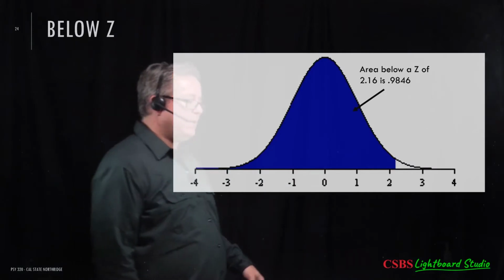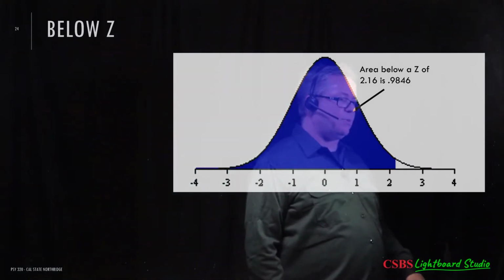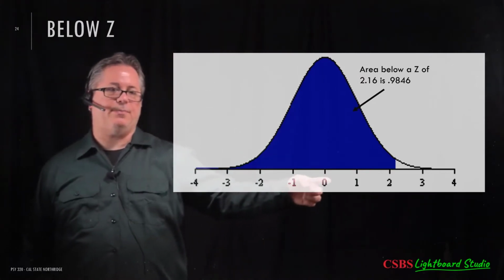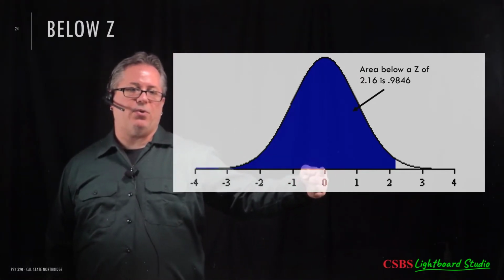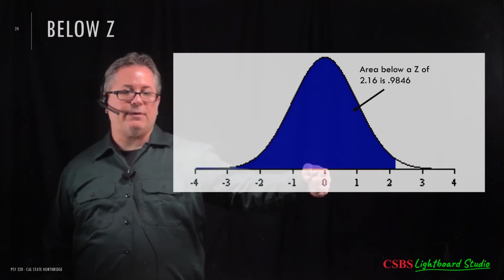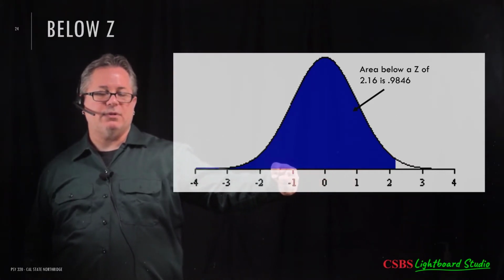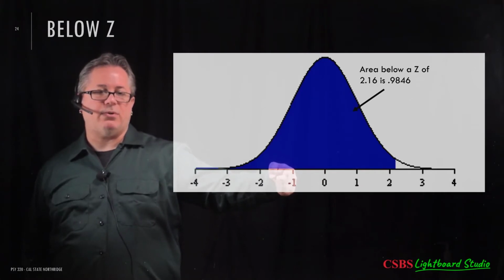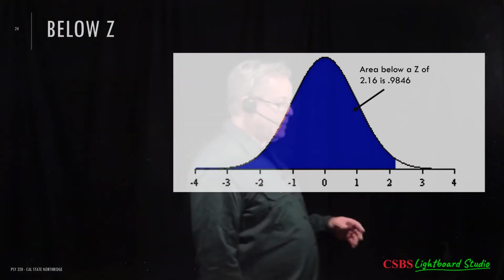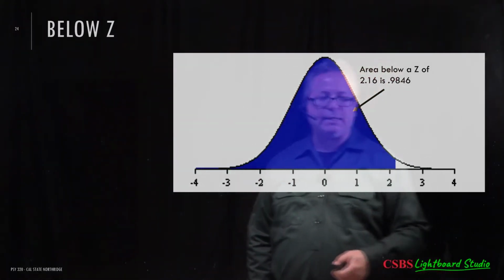For positive z-scores, the larger portion is the same thing as the area below. But for negative z-scores, the area below corresponds to the smaller portion, not the larger portion. So the language can mean slightly different things depending on what's being asked. Okay.